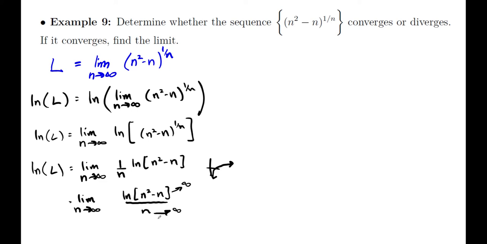So I want you to think back for a second to Calc 1. What does infinity over infinity make you think of? Hopefully at least sounds familiar, but that's an indeterminate form. And when you have an indeterminate form of a limit, what you can do is apply L'Hopital's rule.